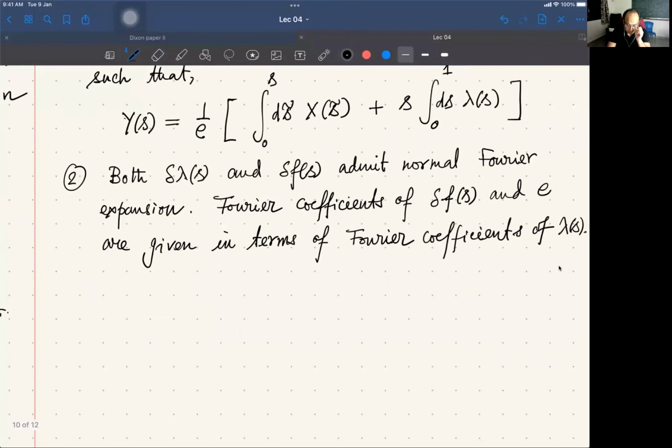So how this is actually of delta lambda of s. This is actually straightforward. So just this can be shown explicitly.